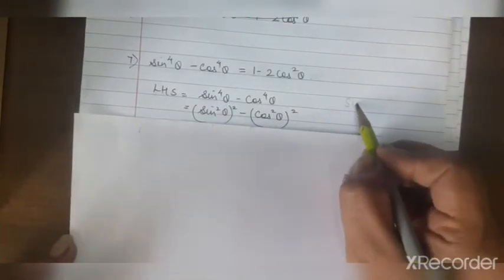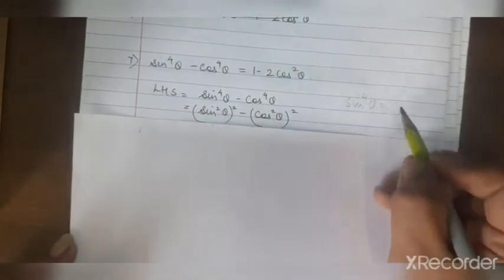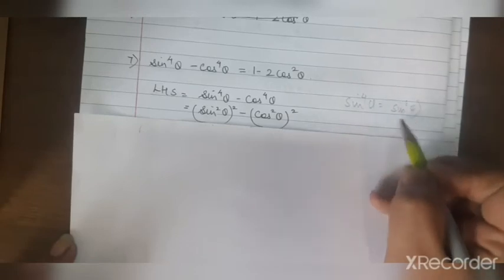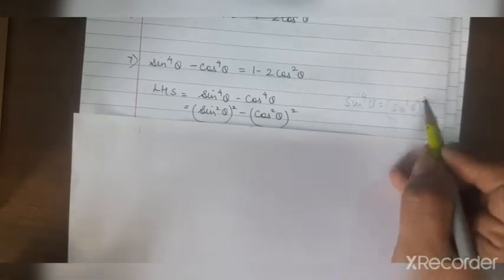So we are taking the LHS again. In LHS you will see sine raised to 4 theta minus cos raised to 4 theta. Now sine raised to 4 theta we can write as sine square the whole square, and here we are using what you have studied in indices.